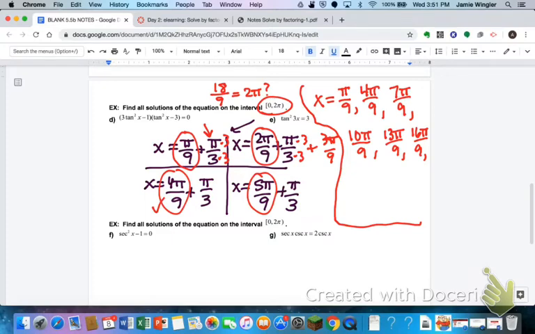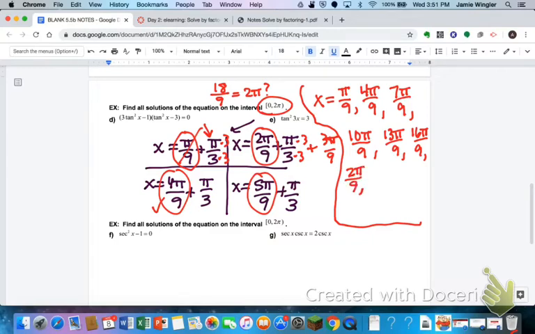To get this quickly, you can always just take your denominator, multiply it by 2, and your numerator cannot go over that number. So I have to stop there because if I add another 3/9 pi, that puts me at 19/9 pi, and that's over 18/9 pi. I've already included this answer, so now I'm going to go to 2/9 pi.